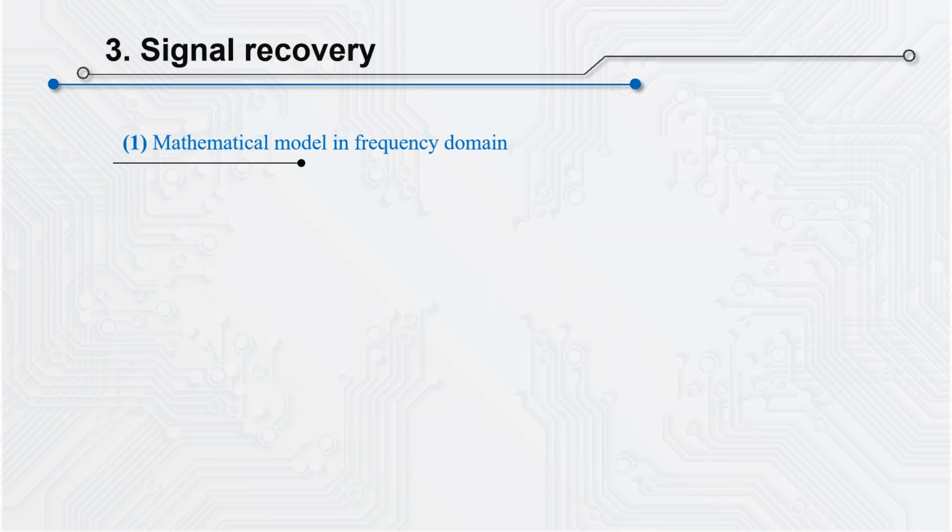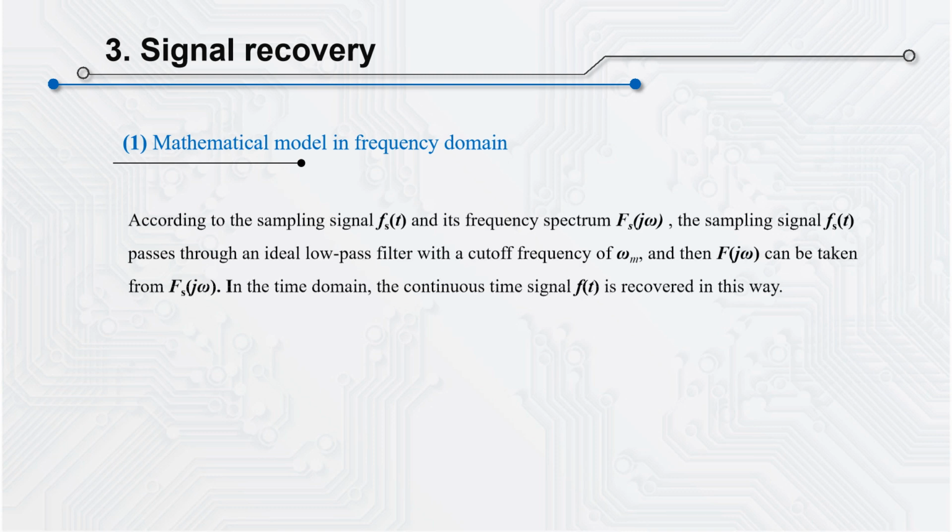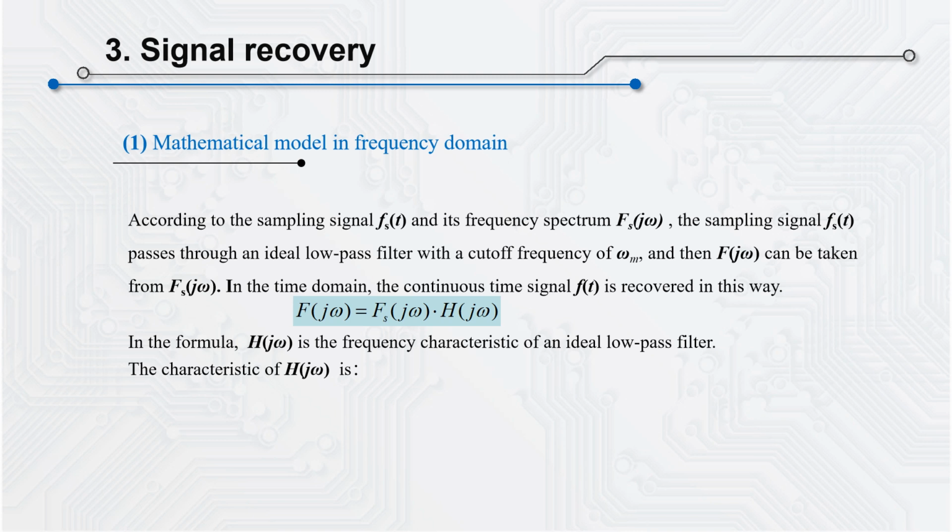When the signal is recovered, theoretically, there is a mathematical model of its frequency domain. We have learned that the spectrum of the sample signal is the spectrum shifting of the original signal spectrum. In this way, the original signal can be recovered by a low-pass filter. So its mathematical model is very simple. The ideal low-pass filter can be denoted by formula 3.